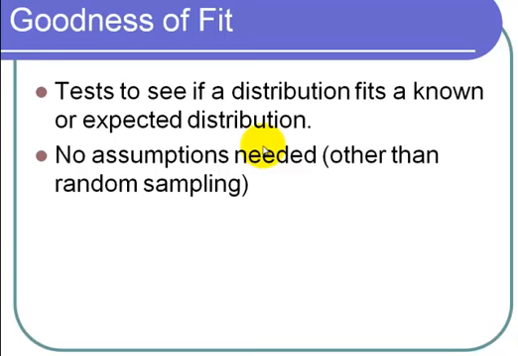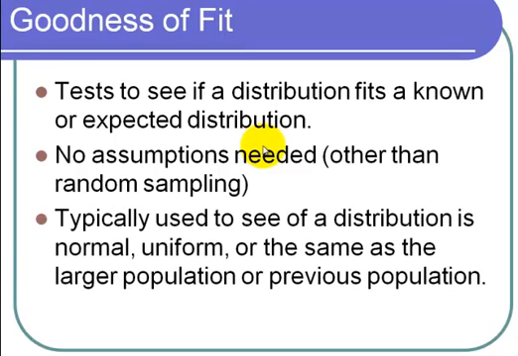Some people use 10, but 5 is often good enough. So again, we use the goodness of fit test to see if a distribution is normal, or maybe to see if it's uniform, or does it fit some population that we know about from, say, the Census Bureau, or maybe past experience that we know what the population should be.